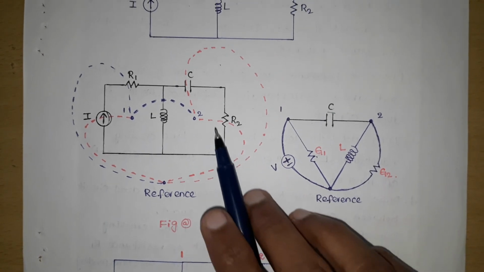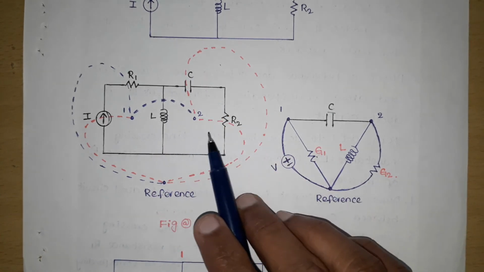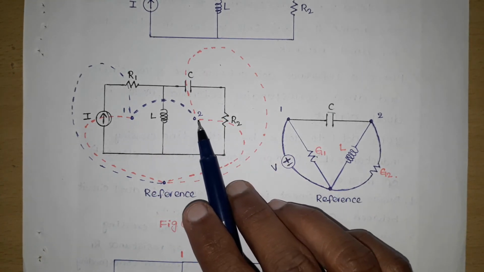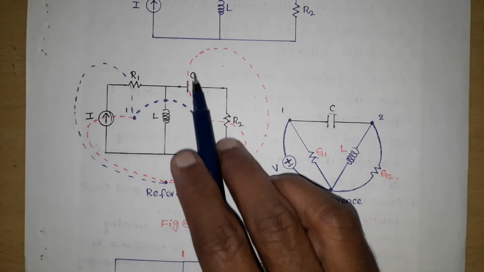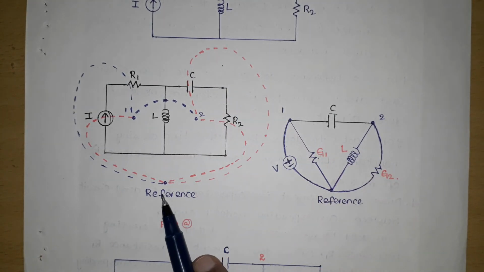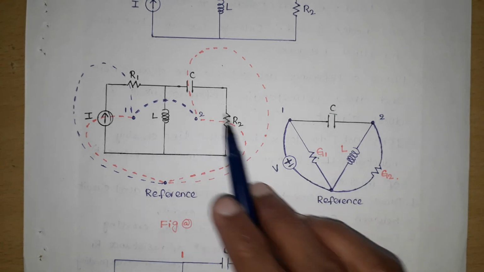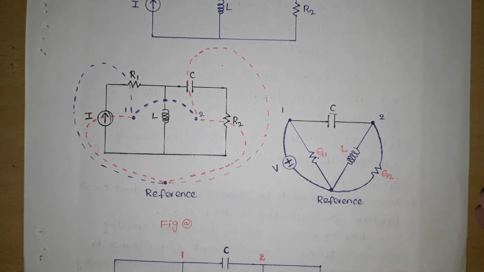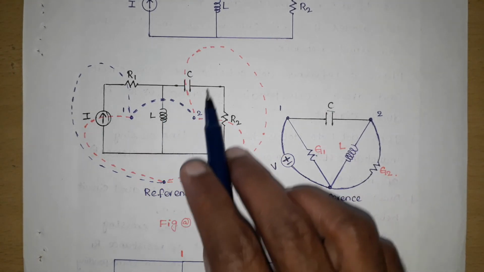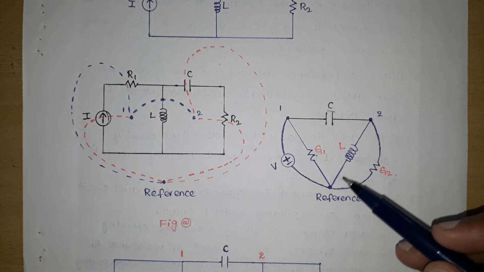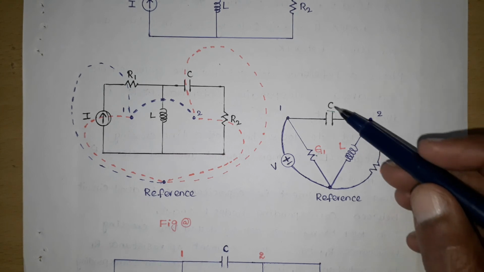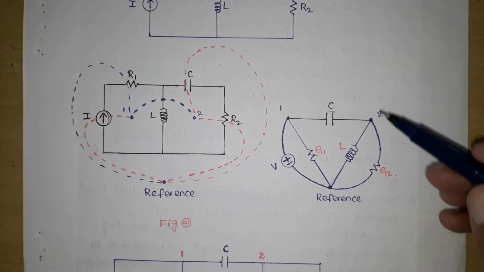After completing that, you take the capacitor, join dot 2 to reference dot with a dotted line through the capacitor, and connect the dual of capacitor, that is inductor, in between the second node and reference node. So this is the dual circuit.